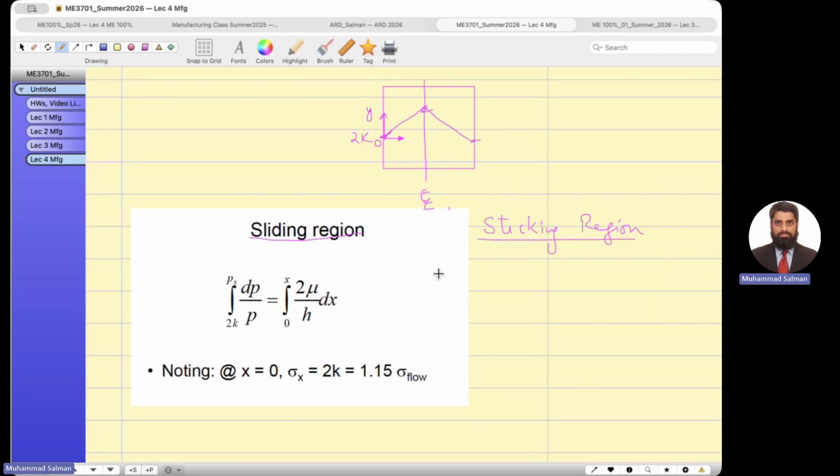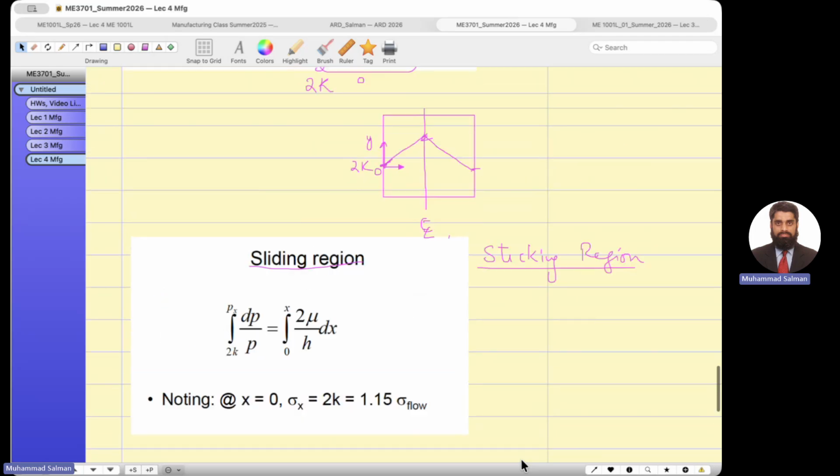You will have the maximum forging pressure in the center of the forging piece, and the minimum forging pressure at the outer surface of the forging. But that minimum should be at least 2K in order to start yielding. You understood that?